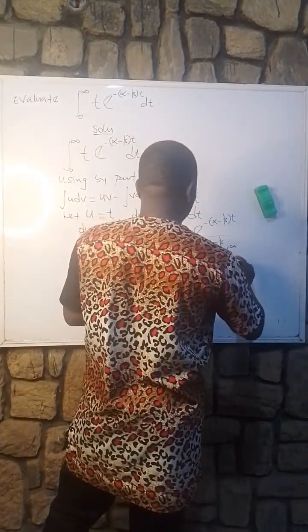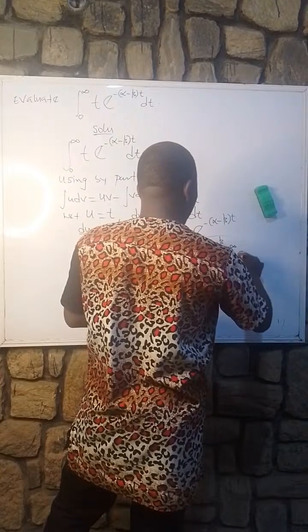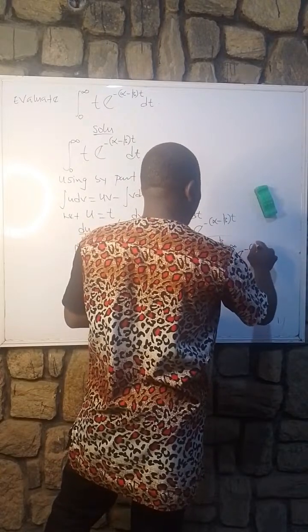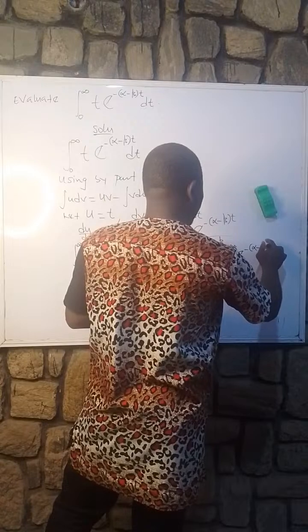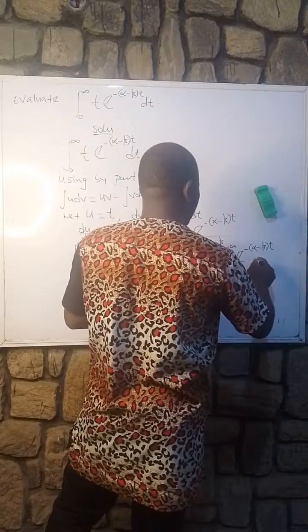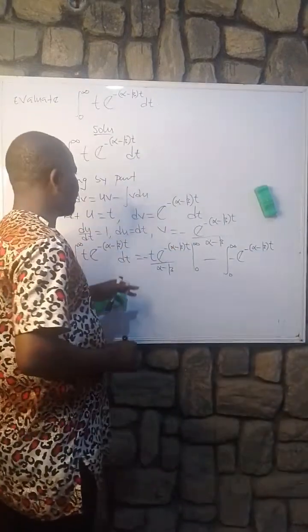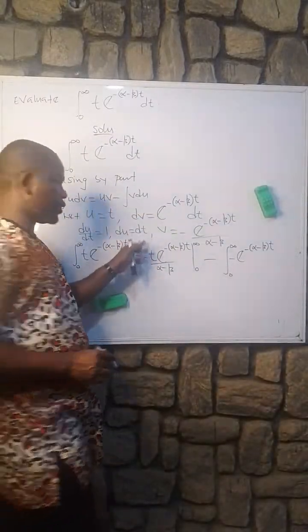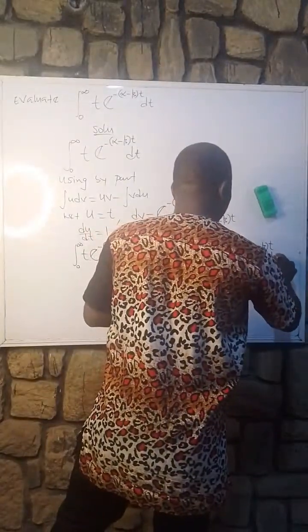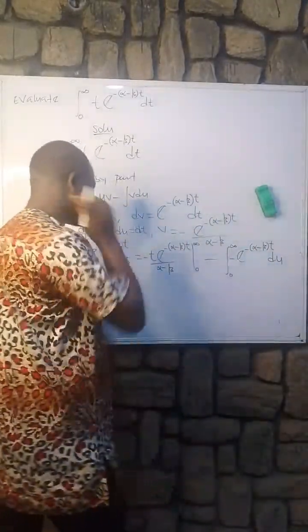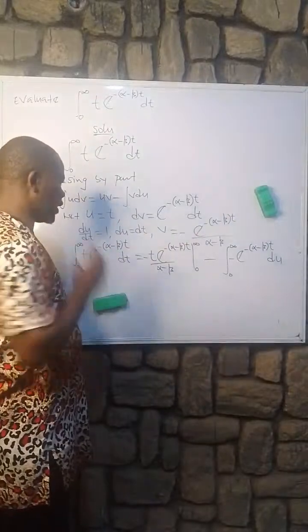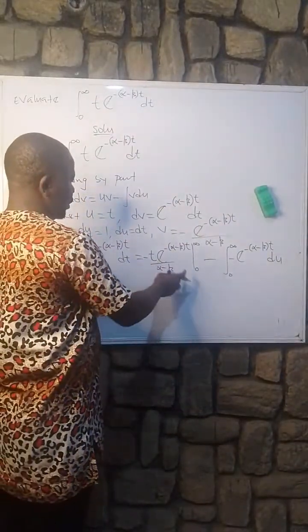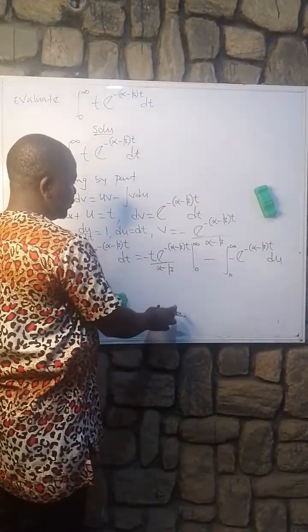What is our ordinary v? It is minus this, right? We write minus exponential minus alpha minus beta t. Then what is our du? It is dt, so times dt. So here we have to subtract the lower limit from the upper limit.